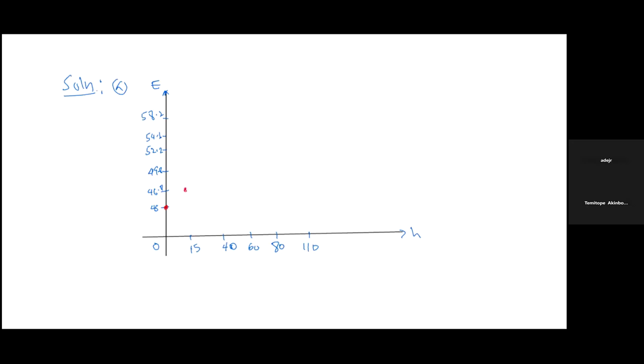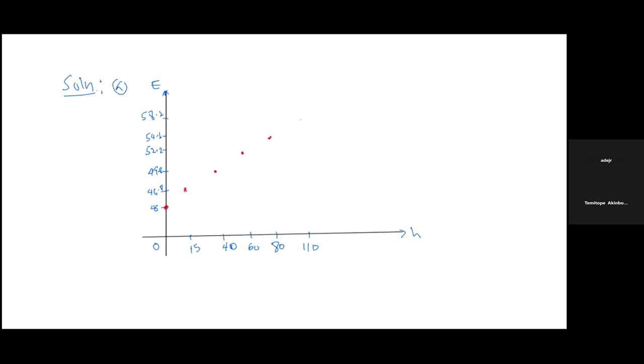When it is 60, the cost of energy is what? 52.2. Yes, sir. So we're going to have that here. When it is 80, the cost of energy is 54.6. And when it is 110, the cost of energy is 58.2.